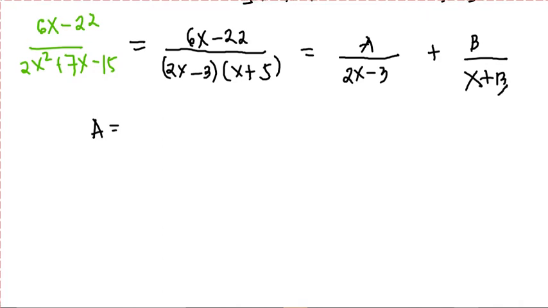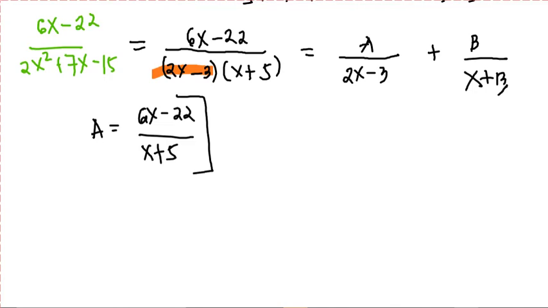So for A, we cover 2x minus 3. What remains is 6x minus 22 all over x plus 5. Then we substitute the value of x. We get x by equating our denominator 2x minus 3 to 0. 2x is equal to 3, x is equal to 3 halves.